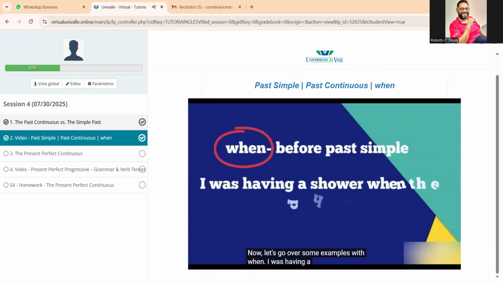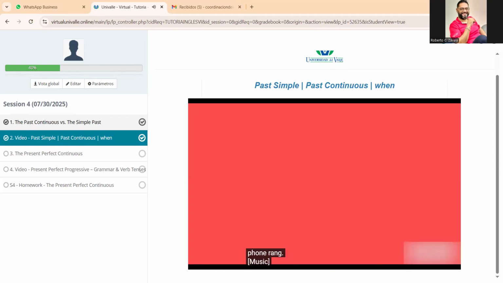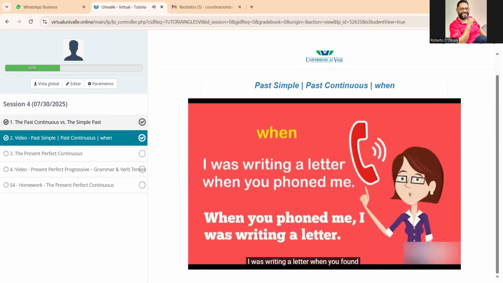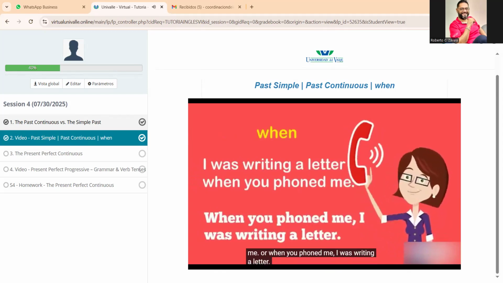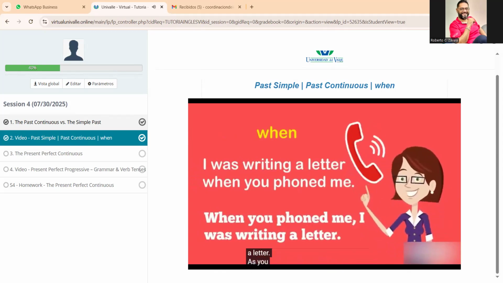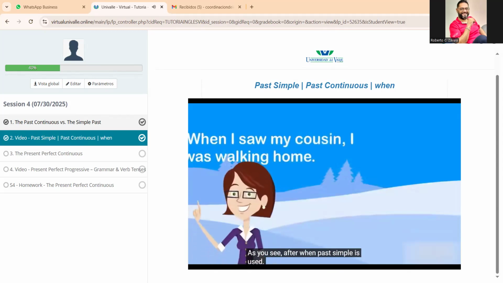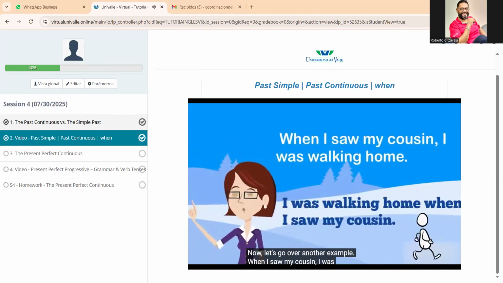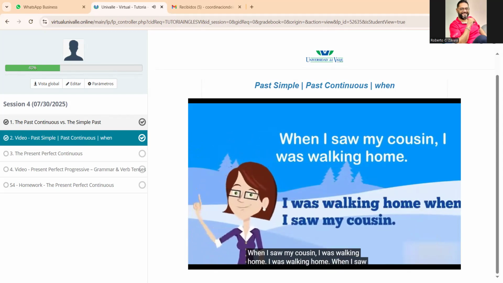I was having a shower when the phone rang. I was writing a letter when you phoned me, or when you phoned me, I was writing a letter. As you see, after when, past simple is used. Now let's go over another example. When I saw my cousin, I was walking home. I was walking home when I saw my cousin.